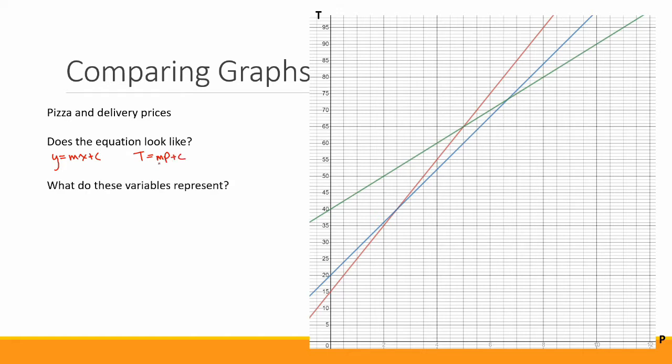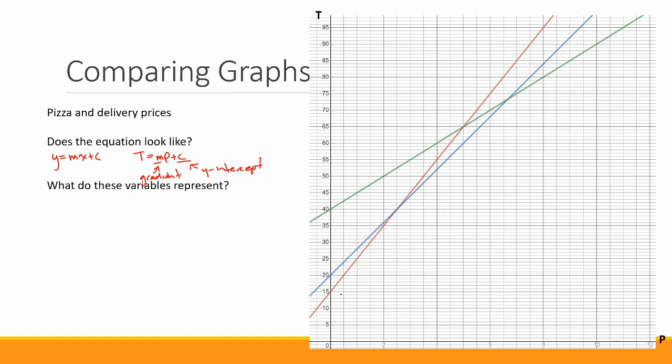So we need to be able to understand, what do each of these variables represent? We know that this here is the gradient, and this here is the y-intercept, but they must actually mean something.